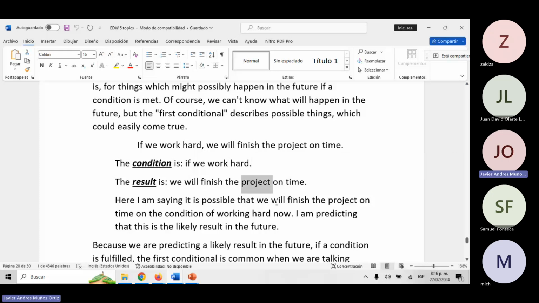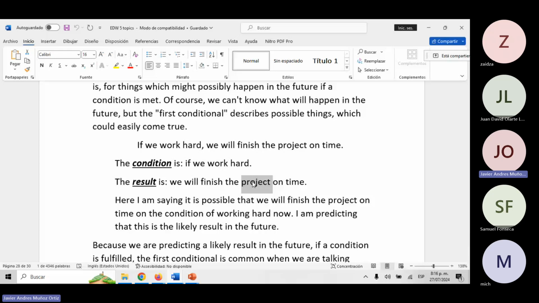May this be fake? May this not work? Yes, because maybe we are not going to finish the project on time because, I don't know, maybe one of us suffered an accident or we spent time playing video games instead of working just for 1 hour to relax, but we didn't spend 1 hour. Instead, we spent like 5 hours.